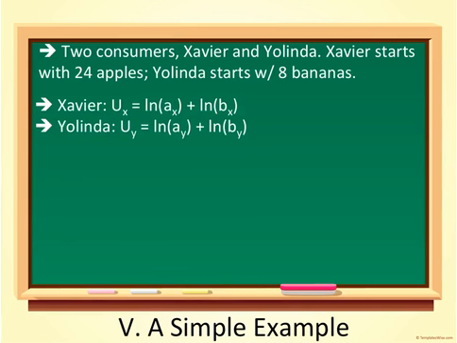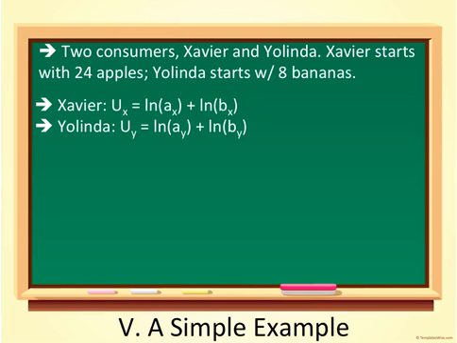So Xavier's utility function, utility to Xavier, that's what the X is, equal to the natural logarithm, so just ln, of ax plus the natural logarithm of bx.